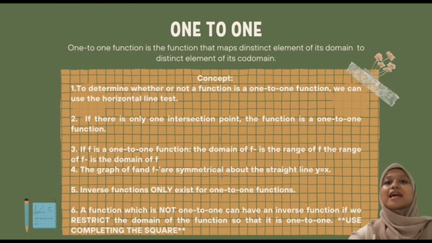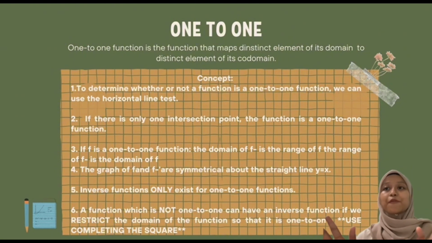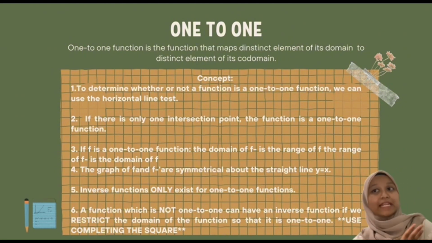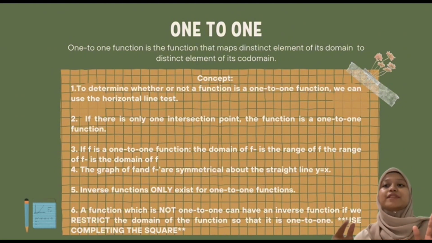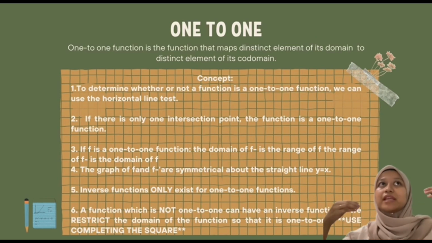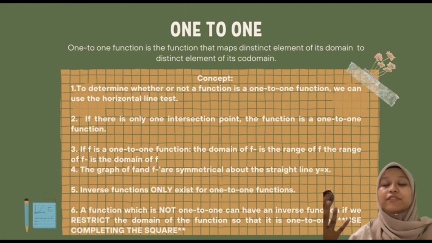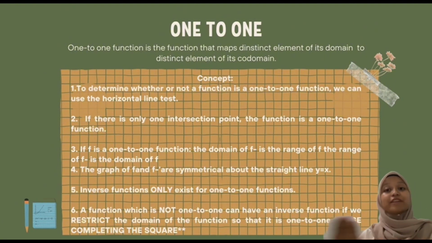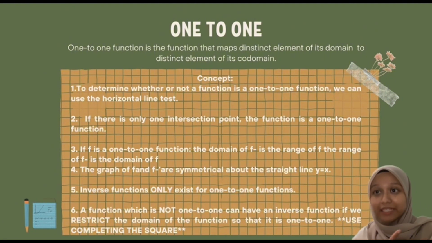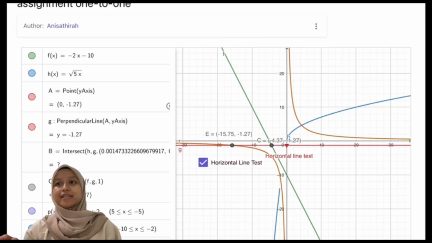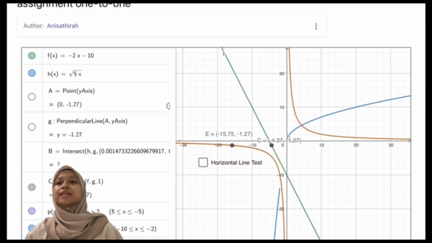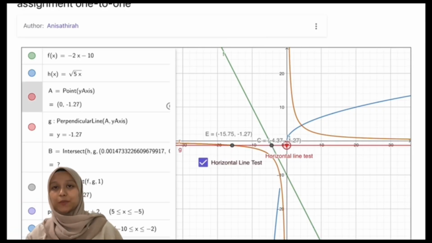The last concept is that a function which is not one-to-one can have an inverse function if we restrict the domain of the function so that it becomes one-to-one, which can be done by completing the square. As you can see here, I have shown you the one-to-one function in GeoGebra.